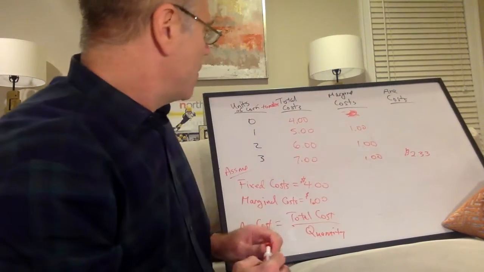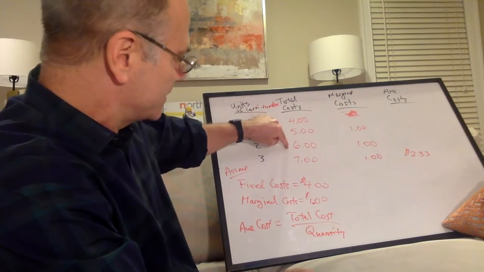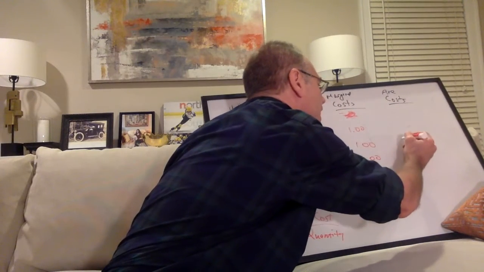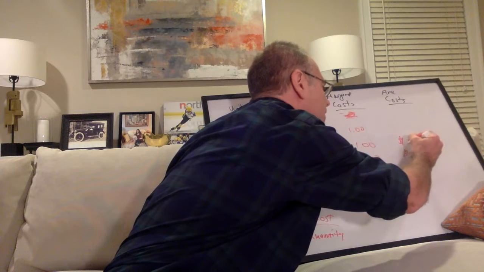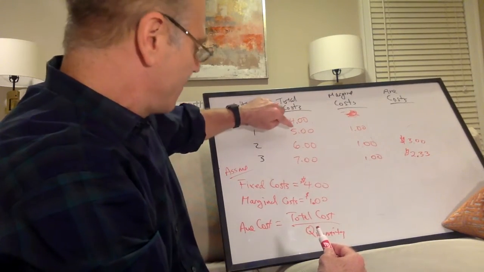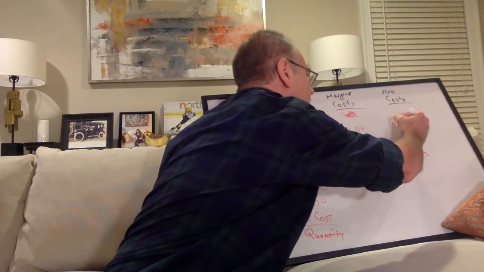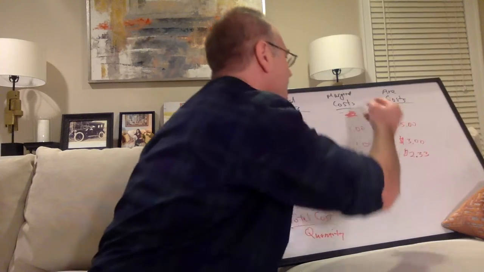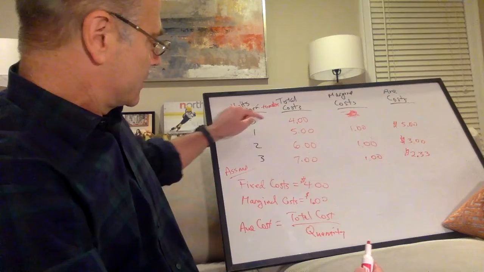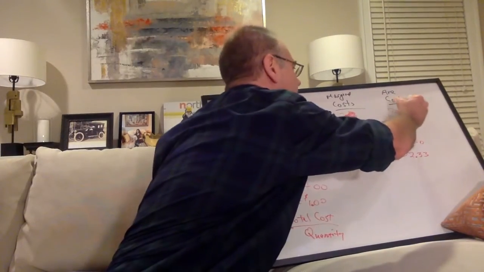Okay. What about when we produce 2 bushels of tomatoes, total cost is 6, quantity is 2, average cost is going to be just $3. What about when we produce 1? It's going to be $5 total cost divided by quantity of 1. You get 5. And then when 0, you take the total cost, which is 4, divided by the quantity, which is 0. I get infinity.